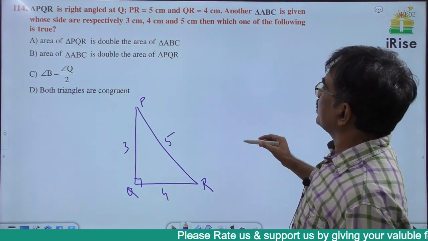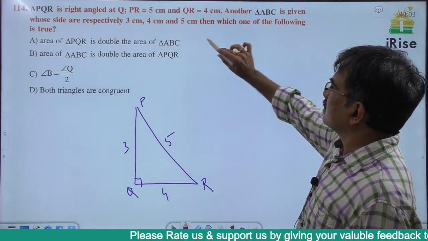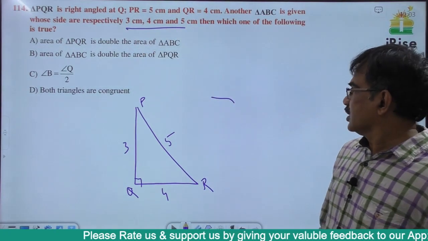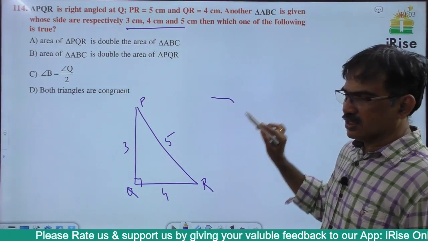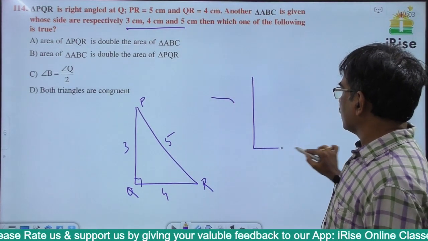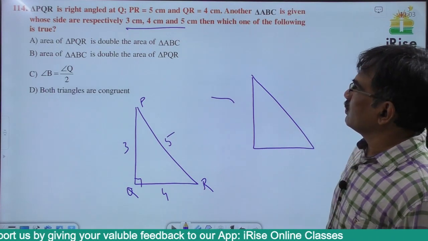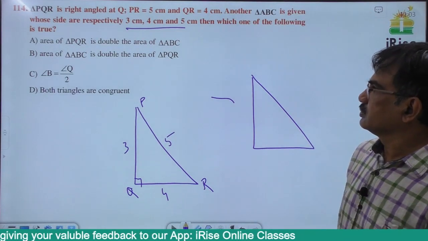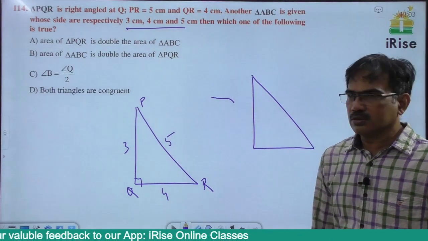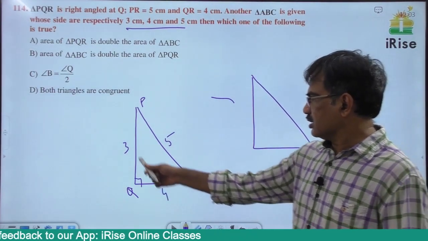Another triangle ABC given such that the sides are 3, 4, 5. If 3, 4, 5 sides are given, that must be a right angle triangle. This is a right angle triangle ABC. Then which of the following is true? Okay. Here these sides are 3, 4, 5.